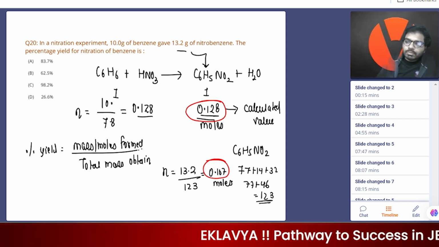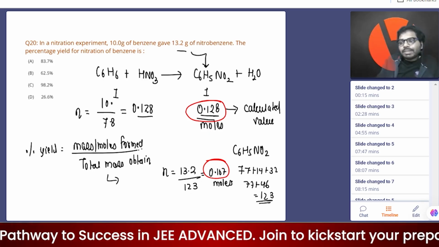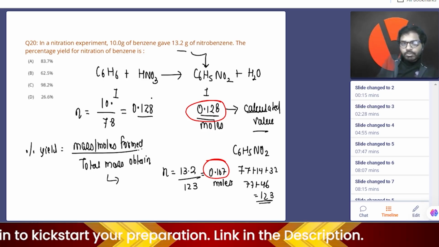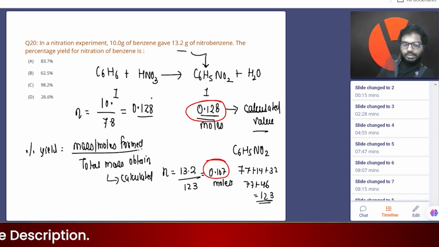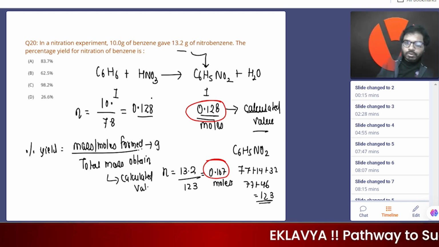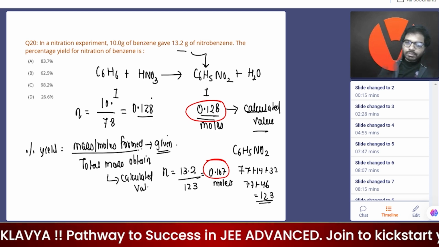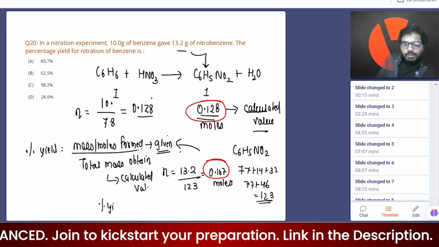In the denominator, we will just put the value calculated by the stoichiometry, the calculated value. And the mass or the moles formed, which is given in the question, we will put here. So what will be the percent yield here?